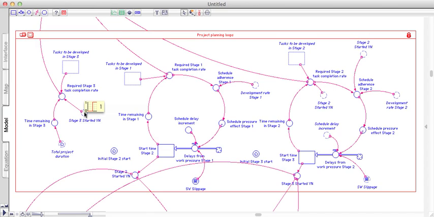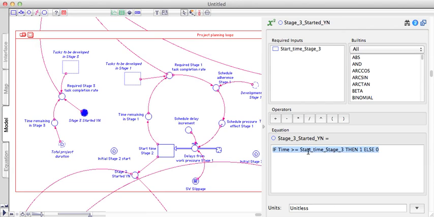What these loops also have is a check whether or not the stage has started, because the required completion rate here is not really that relevant for stage 3 before stage 3 has actually started. Else you would get people allocated to stage 3 to do the work here in these tasks where there are 1,000 tasks from week 1. But it's not really the time of stage 3. So that's what this Boolean value does here.